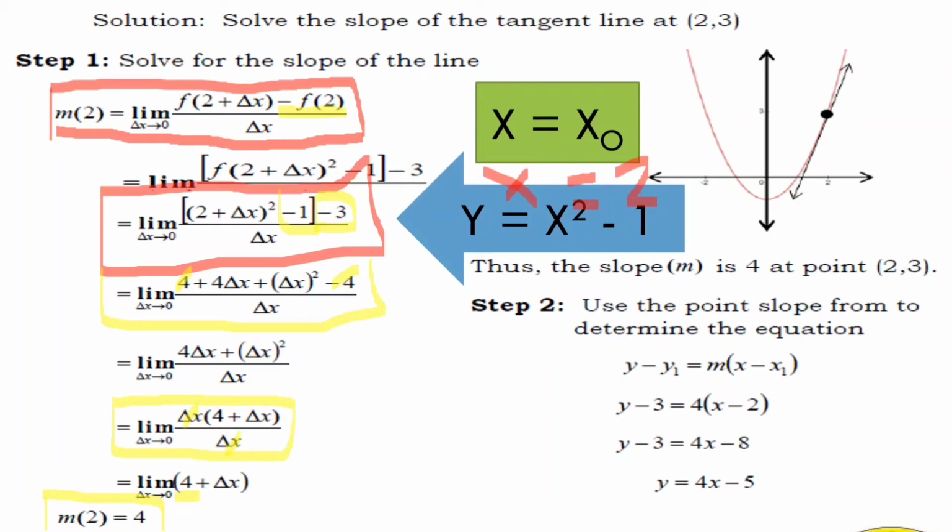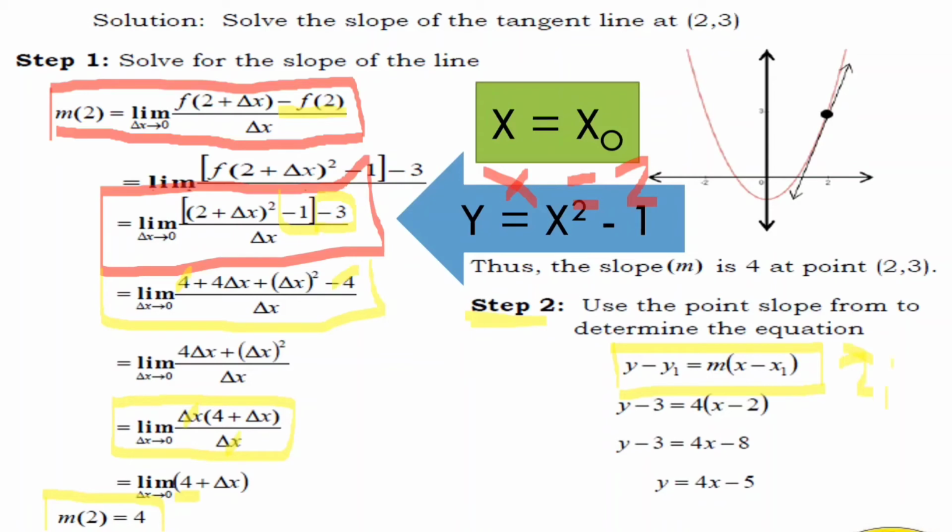Let's now proceed to step 2. Using the point-slope form to determine the equation, since we are looking for the equation of the tangent line, y minus y sub 1 is equal to m times the quantity x minus x sub 1.